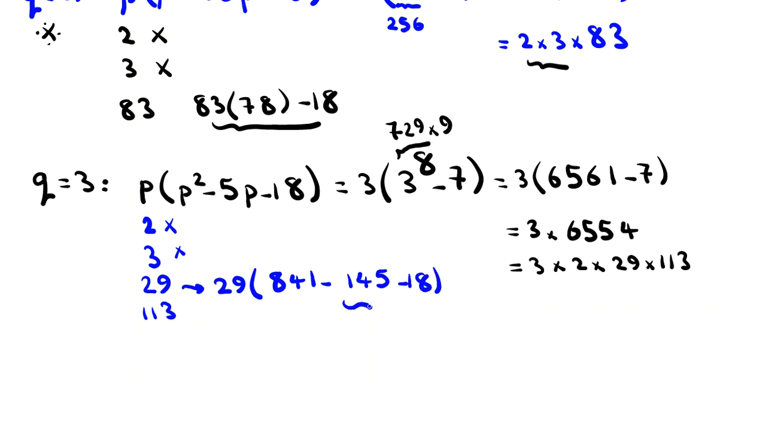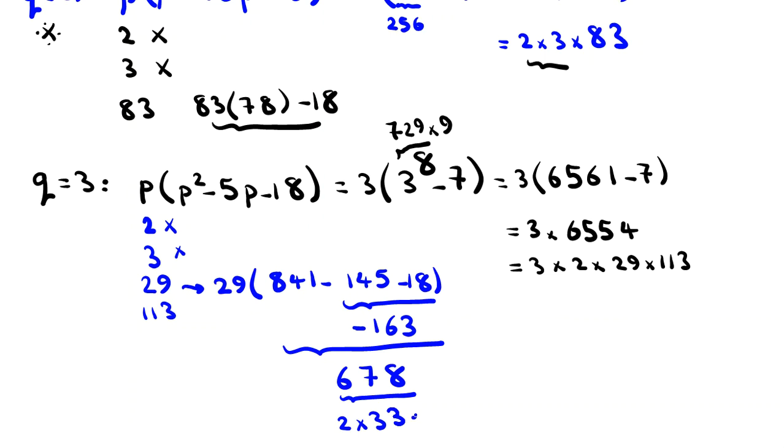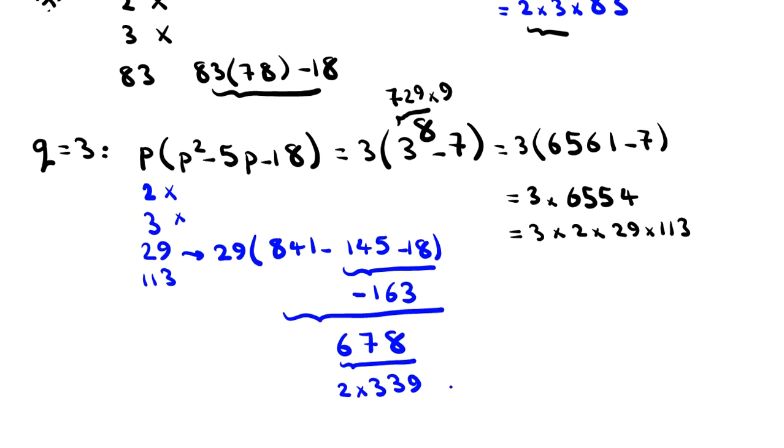Okay, here if we subtract, it will be 678. So if we factorize this number, it will be 2 times 3 times 113 exactly here.